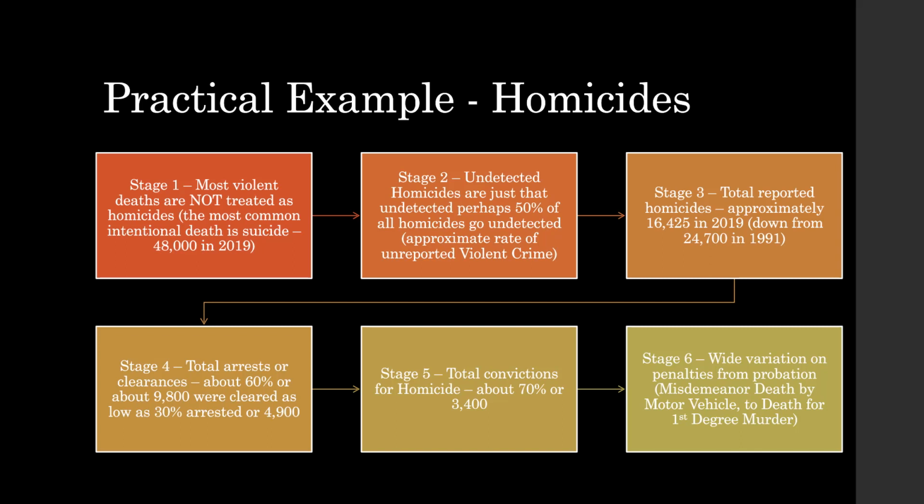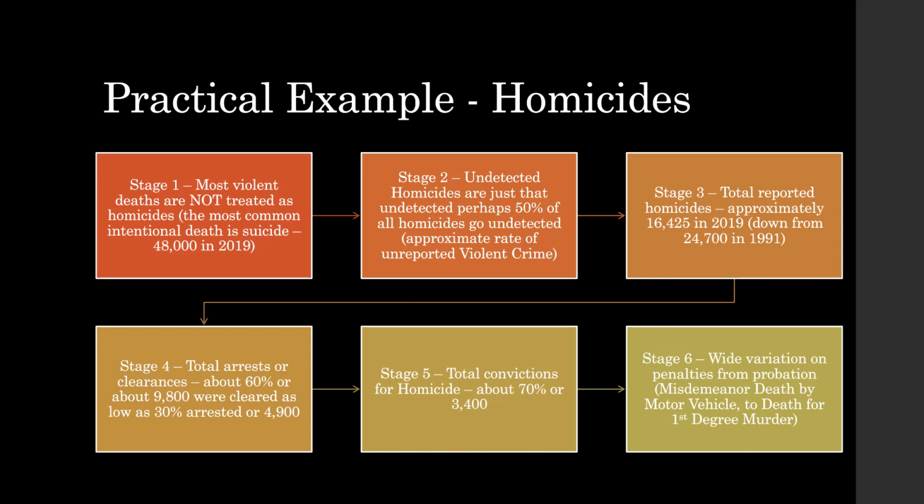Here's a practical example, though, if we look at kind of the numbers of how it goes. Stage 1, most violent deaths that occur in the United States are not treated as homicide. So the most common intentional death is, in fact, suicide, but we could also look at things, there's 48,000 of those in 2019. And the second thing, of course, we talk about homicides is, okay, if someone dies, we have to decide it's a homicide. And we can guess that about half of all homicides are not detected.